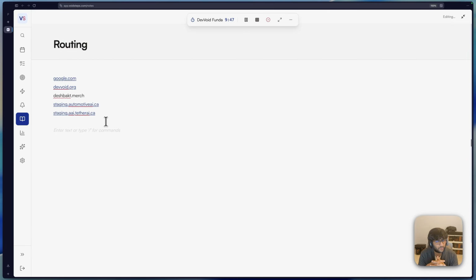How do you know google.com is equal to this address? How do you know devoid.org is this address? Any idea how that mapping process works, or what is happening to get that IP address from a name? Any kind of guesses is also good. Who knows it? Or where do you go to get that? Anything.